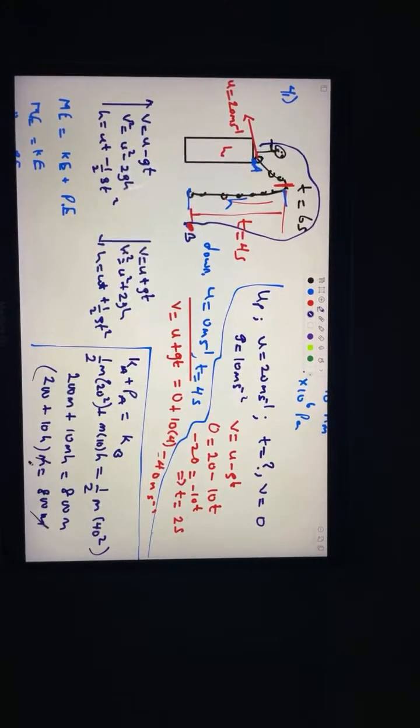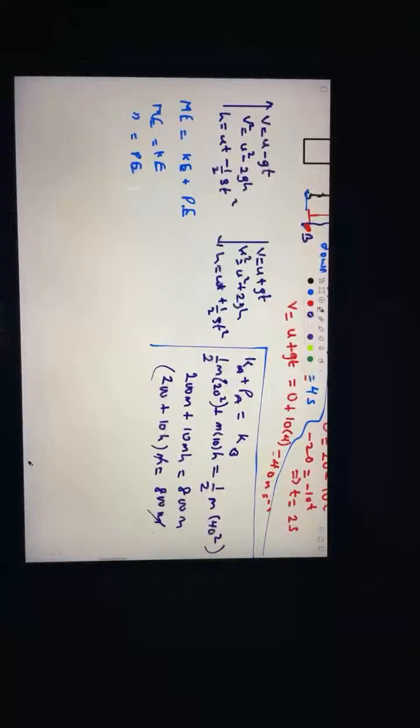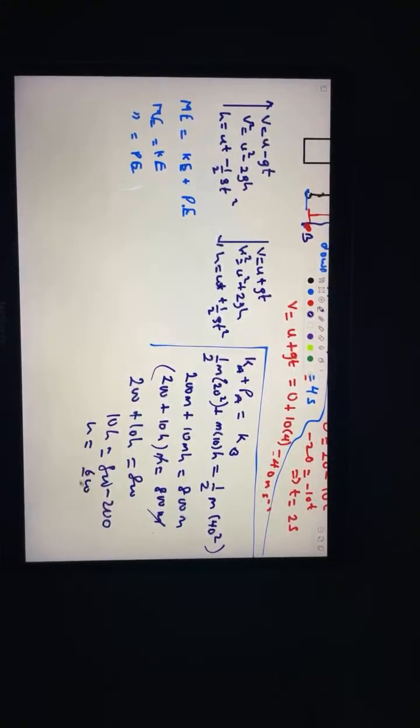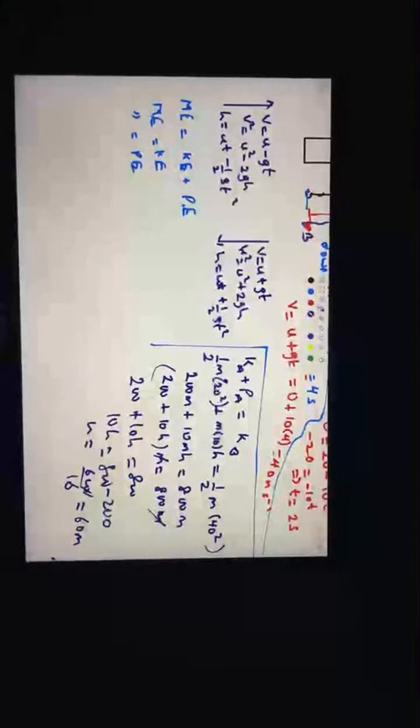So m will cancel out. As m has cancelled out, I now have 200 plus 10h equals 800. That means 10h equals 800 minus 200. So h will now be 600 over 10, that will be 60 meters. So the height is 60 meters.